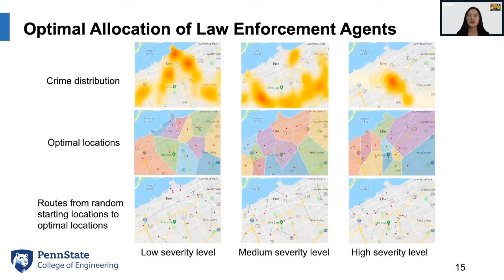Routes of 12 agents from random starting locations, which are represented by black dots, to the optimal locations, which are represented by the red dots, are shown in the third row. It is noted that optimal allocation of law enforcement agents varies depending on the distributions of crimes. Agents are likely to move towards the area with high crime density.